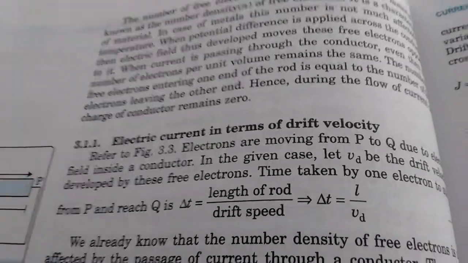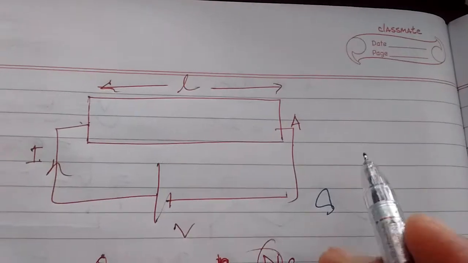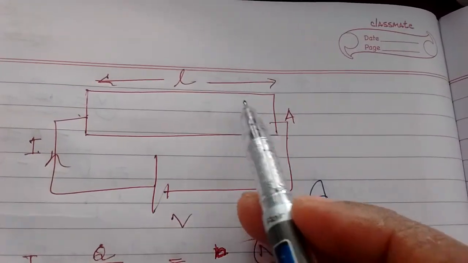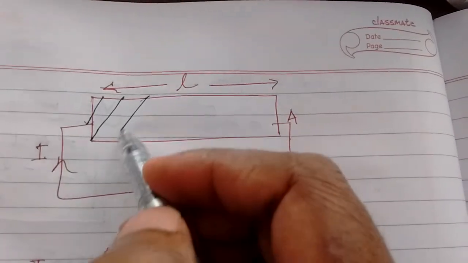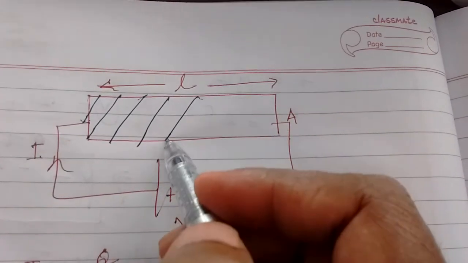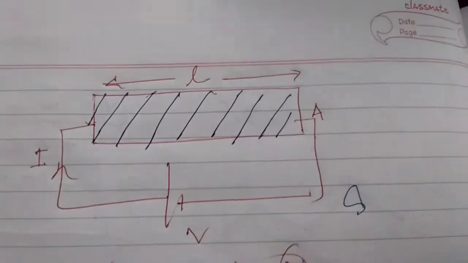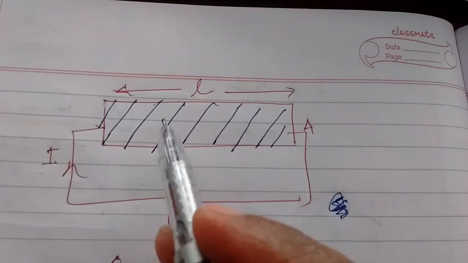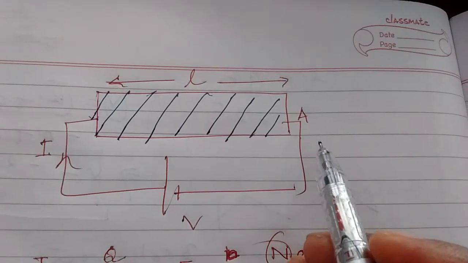Okay, now come to the figure. Here you look, this is a conductor. Now a potential is applied across it.